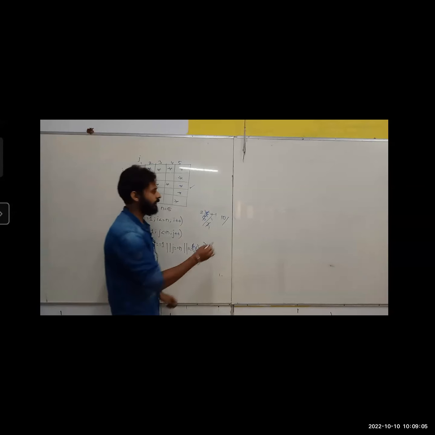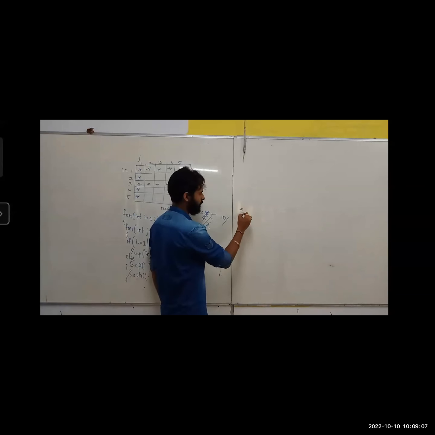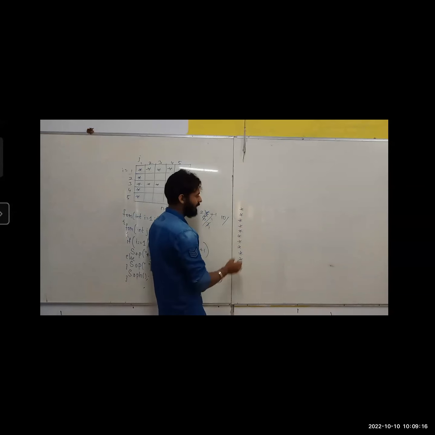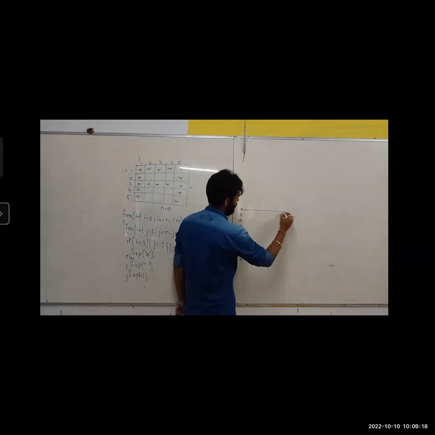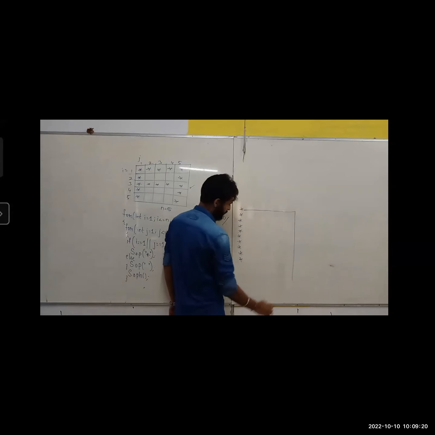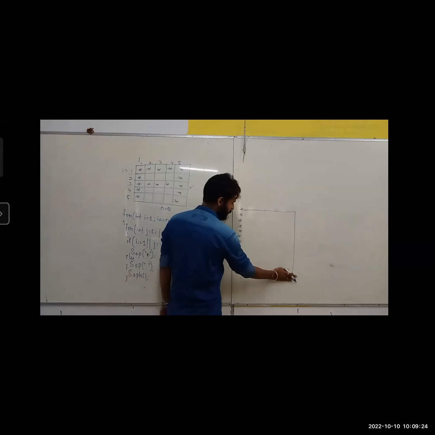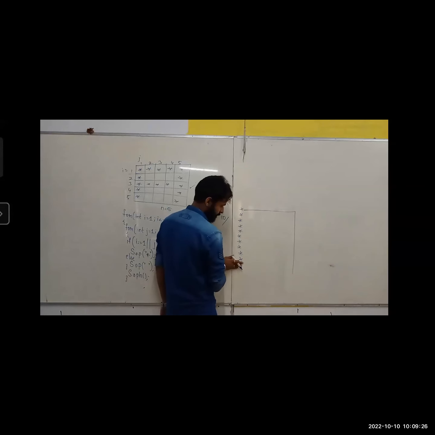Normally you think and tell me: 1, 2, 3, 4, 5, 6, 7, 8, 9, 10. Where should I print my line now? Should I print here? No. Then where should I print?